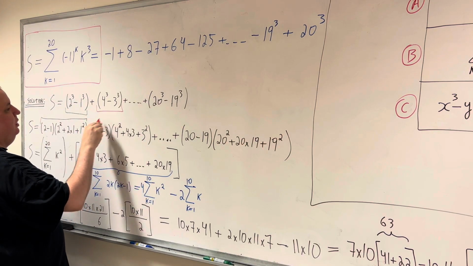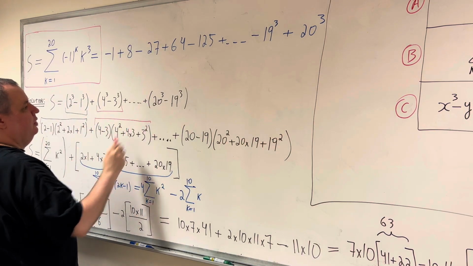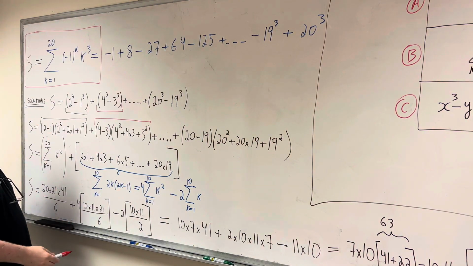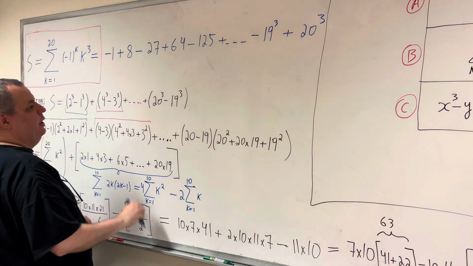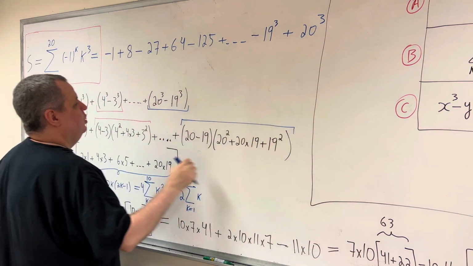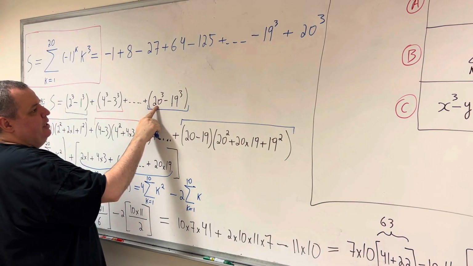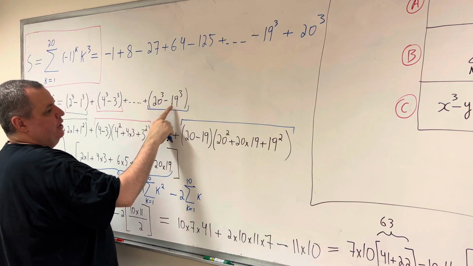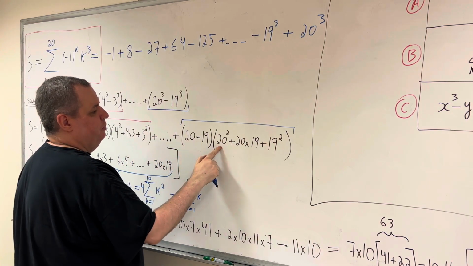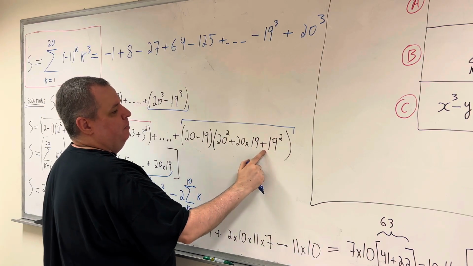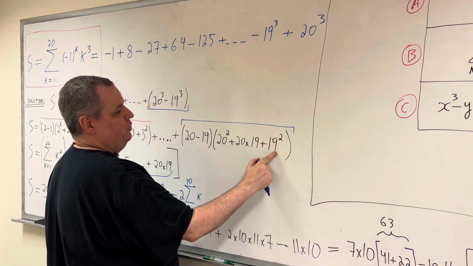So this bit here is this term here. And I do this factorization many, many times until finally I get all the way to this, where x is 20, y is 19. x cubed minus y cubed is x minus y, multiplied by x squared plus xy plus y squared.